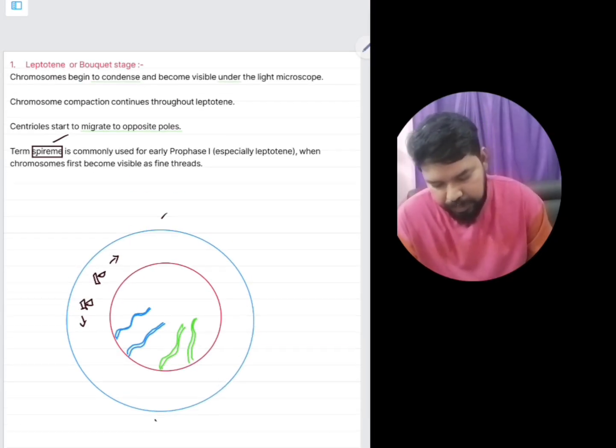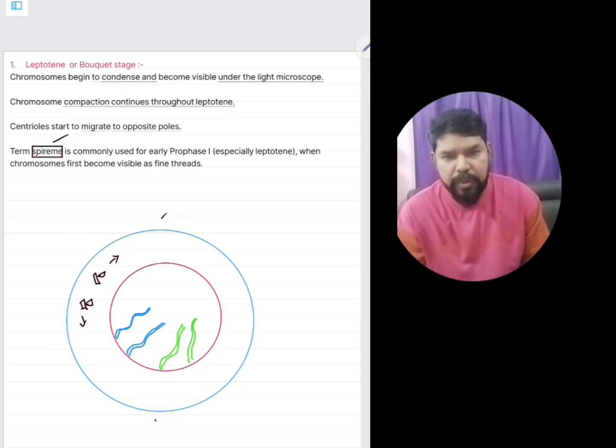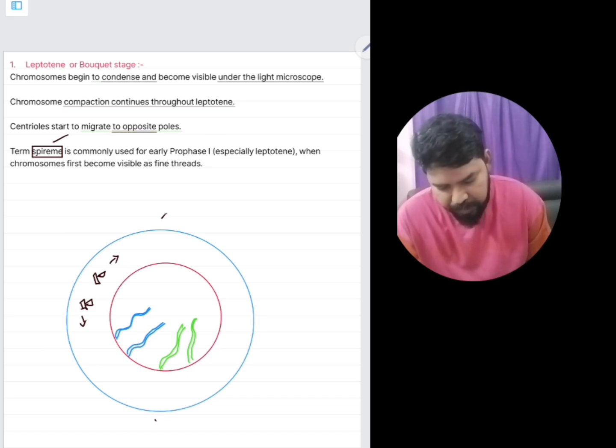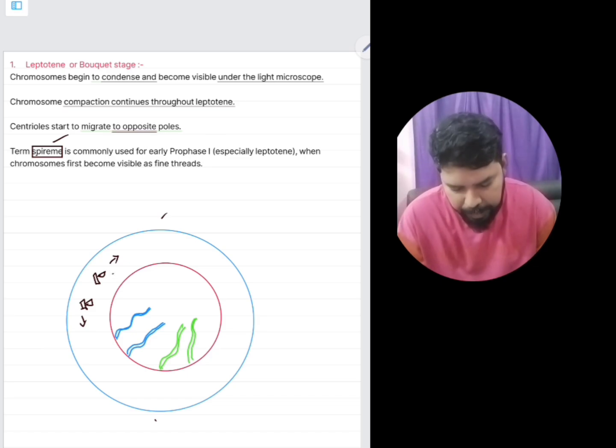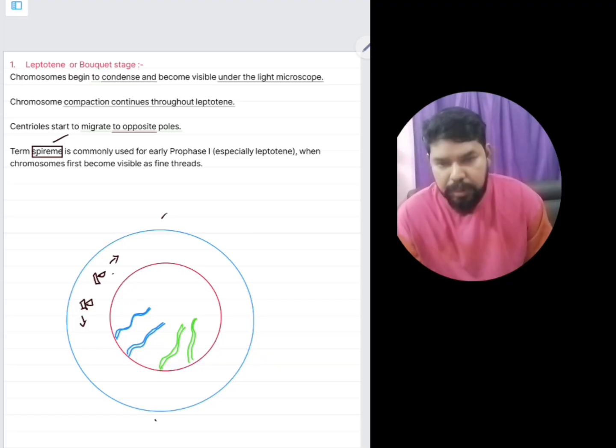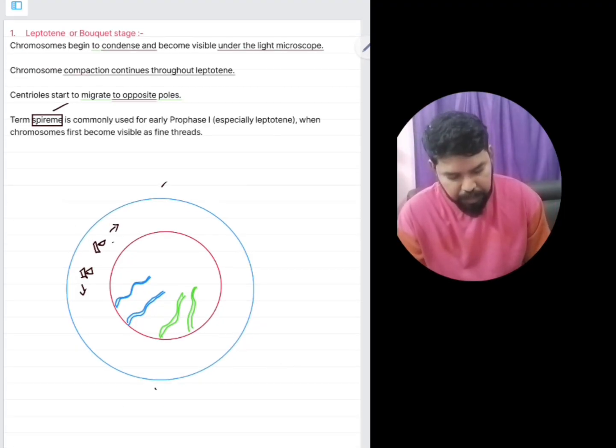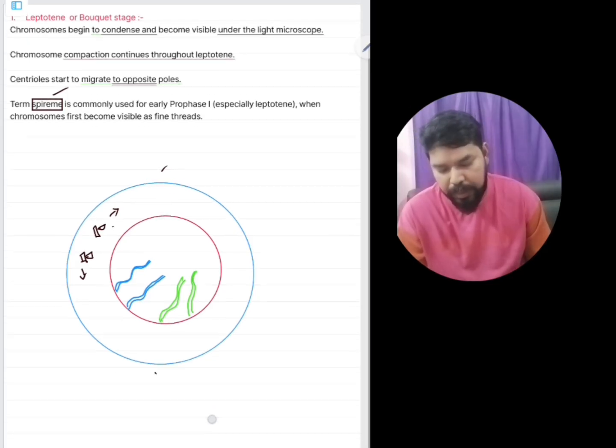Chromosomes begin to condense and become visible under the light microscope. Compaction continues throughout the leptotene phase. Centrioles start to migrate to the opposite poles. And the terms, telomeres attached to the nuclear membrane, you can specifically use for the leptotene phase or bouquet stage. You have seen these look like a bouquet, attached to the nuclear membrane. So this is all about leptotene or bouquet stage.